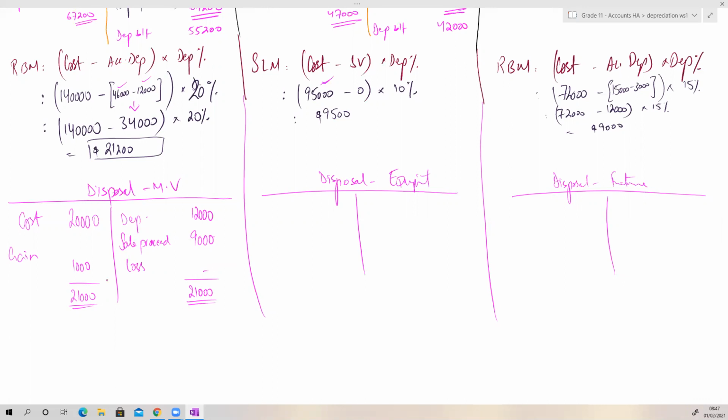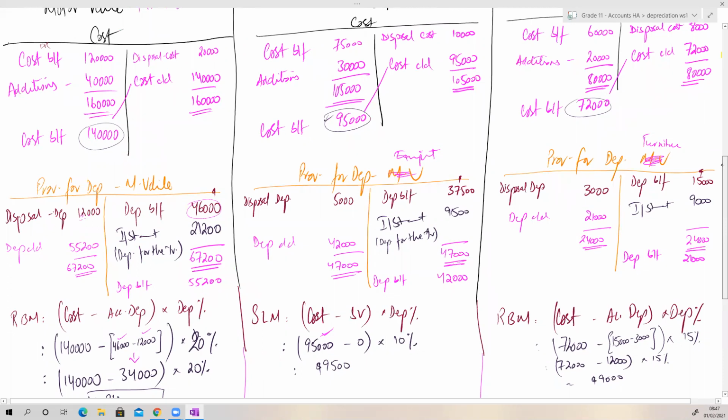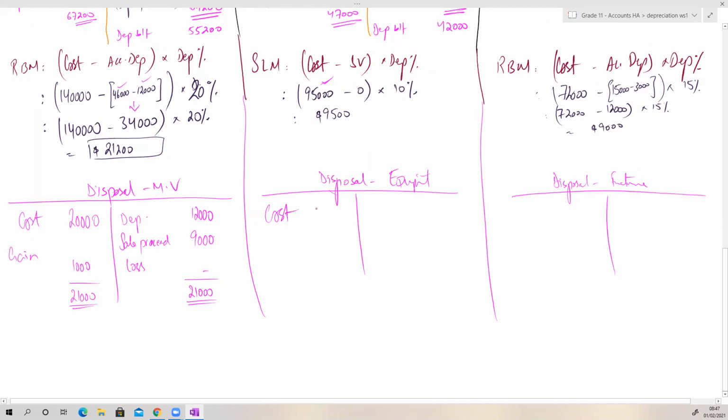तो डिस्पोजल ऑफ इक्विपमेंट इज गोना बी द सेम. The cost of equipment disposed is 10,000. ये रहा. Depreciation is 5,000. सही है जी. Cost is 10,000. Depreciation of the asset disposed was 5,000.